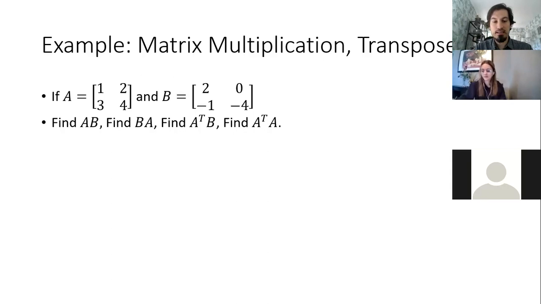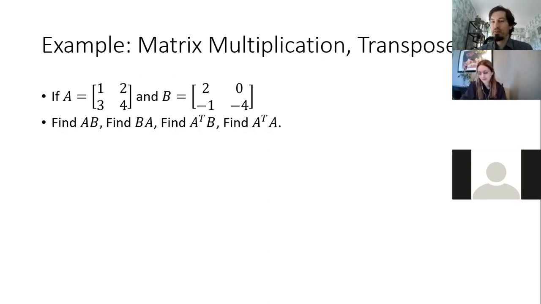Anyone got AB? The answer for AB? I got it, I think. Okay. Are there some people still doing it who want more time? If not, I'm going to ask Kai to give us her answer. Nobody's chatting anything.